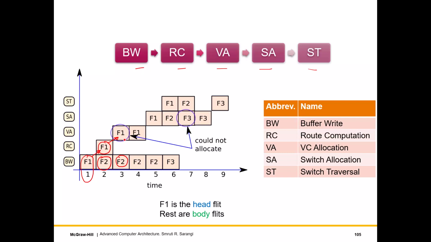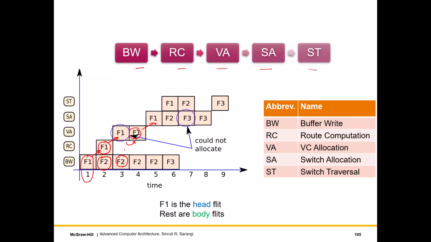So at this point of time, in the third cycle, we try to allocate a virtual channel to flit F1, but we don't find a free virtual channel, so we don't do anything. It's like a stall. Next, in the fourth cycle, we again try to allocate a virtual channel, and towards the end we are successful.